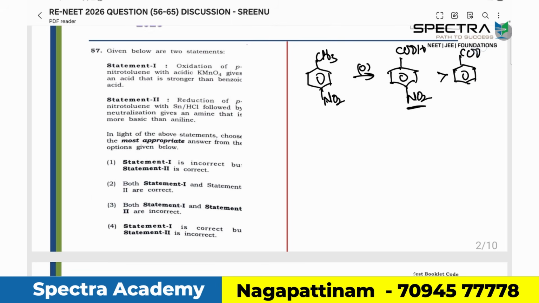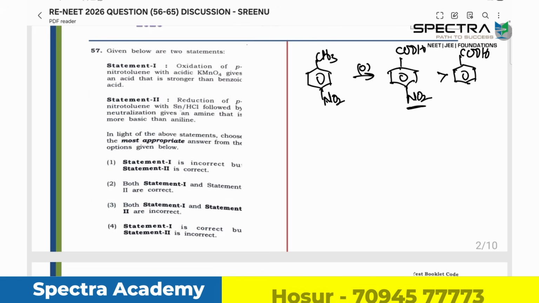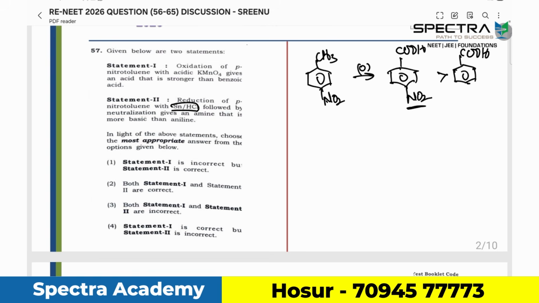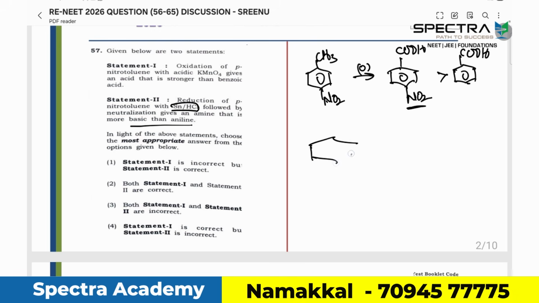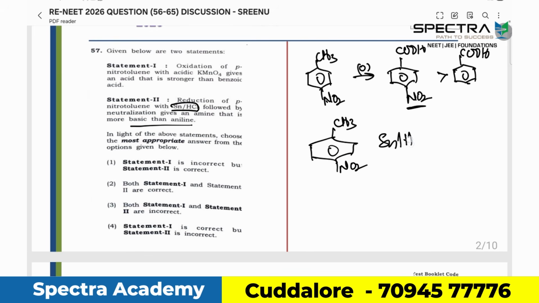That statement is true. Whereas the next one: reduction of para-nitrotoluene with Sn/HCl followed by neutralization gives an amine that is more basic than aniline. Yes, even that statement is true, because we are doing reduction of para-nitrotoluene with Sn/HCl.